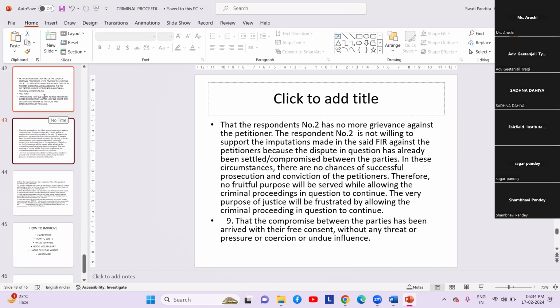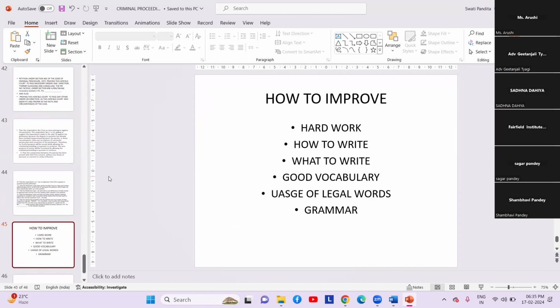You have to have a good vocabulary. To have a good vocabulary, you can read books, you can also read through the judgments. The judgment is the basic and very important thing which you can do.